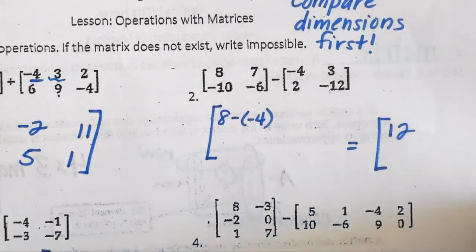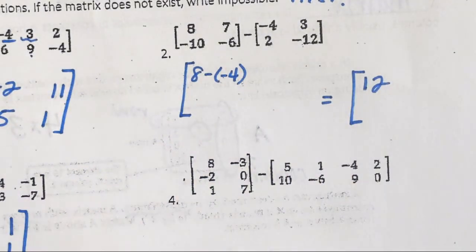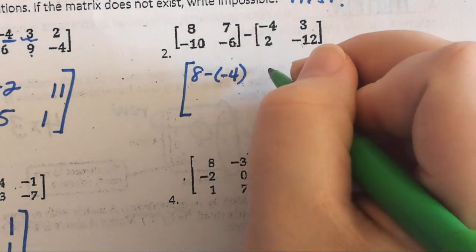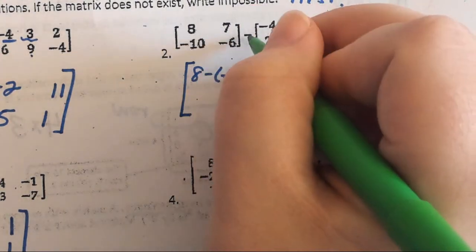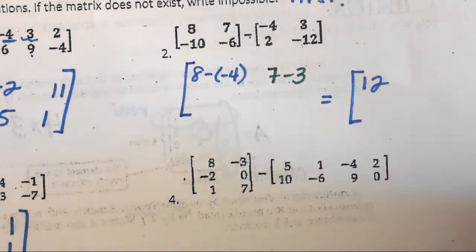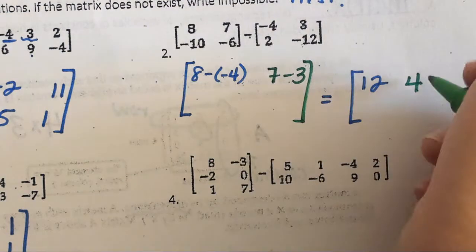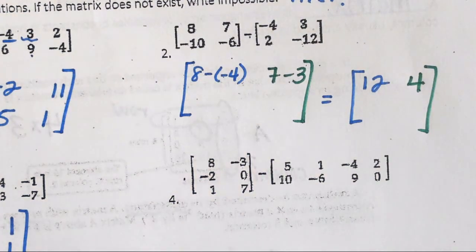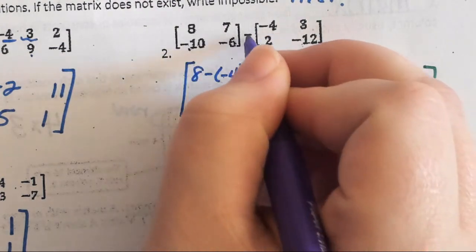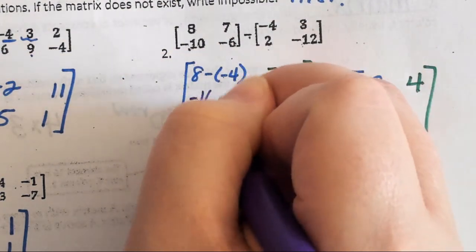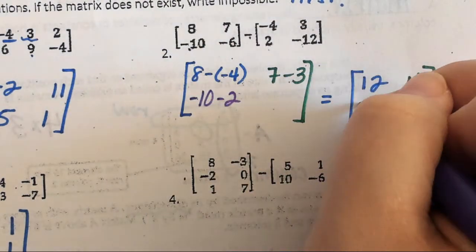So if you want to skip straight to the end, you can. No one's mad. If you need to write it out, you can as well. So my next entry, I'm doing 7 minus 3, which is 4. For my next entry, I'm doing negative 10 minus 2, which is negative 12.